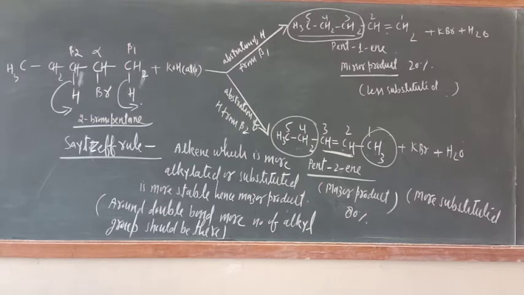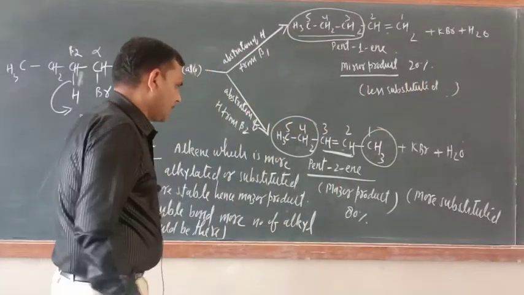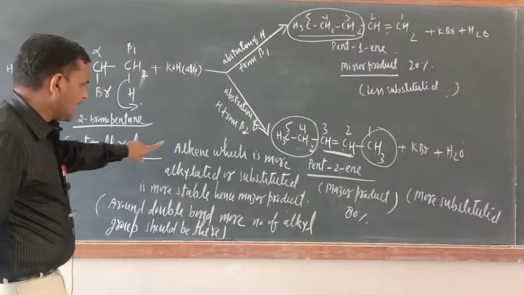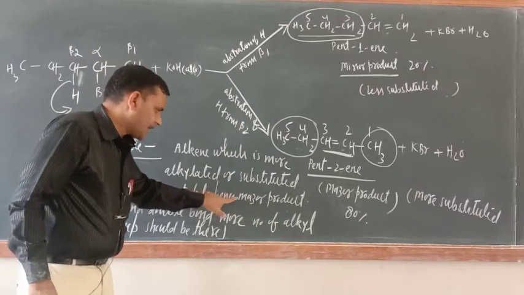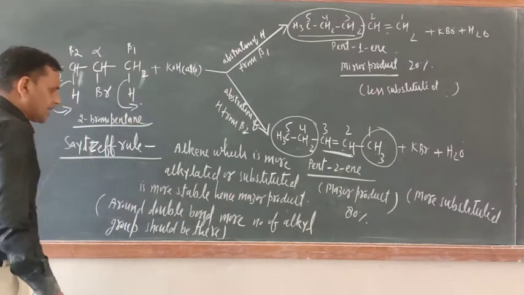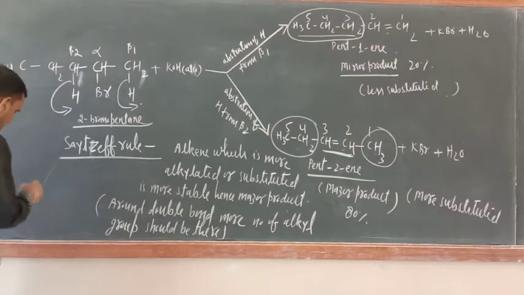Actually, there is one question: why is alkene which is more substituted more stable? Alkene which is more alkylated or substituted is more stable, hence major product. Each substitution, I am writing here.